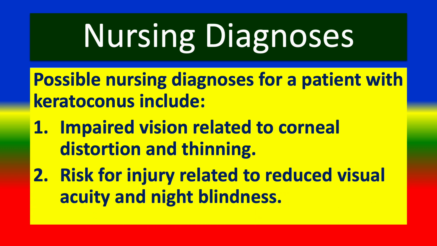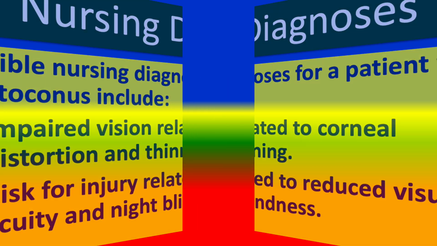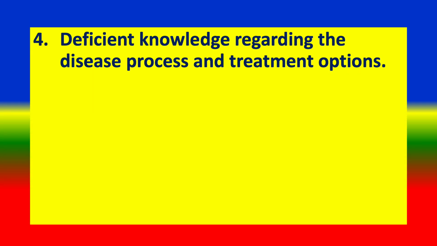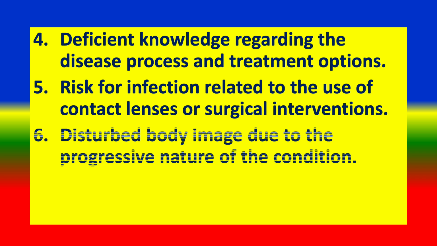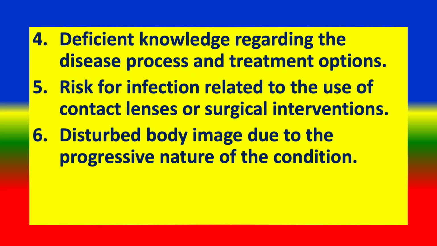Risk for injury related to reduced visual acuity and night blindness. 3. Deficient knowledge regarding the disease process and treatment options. 5. Risk for infection related to the use of contact lenses or surgical interventions. 6. Disturbed body image due to the progressive nature of the condition.